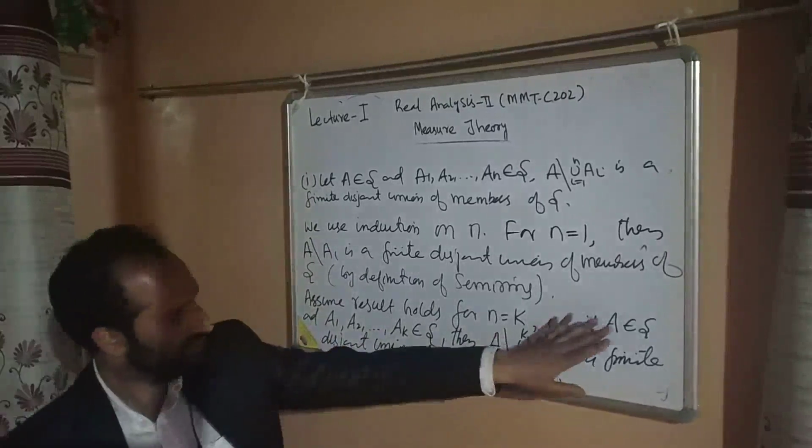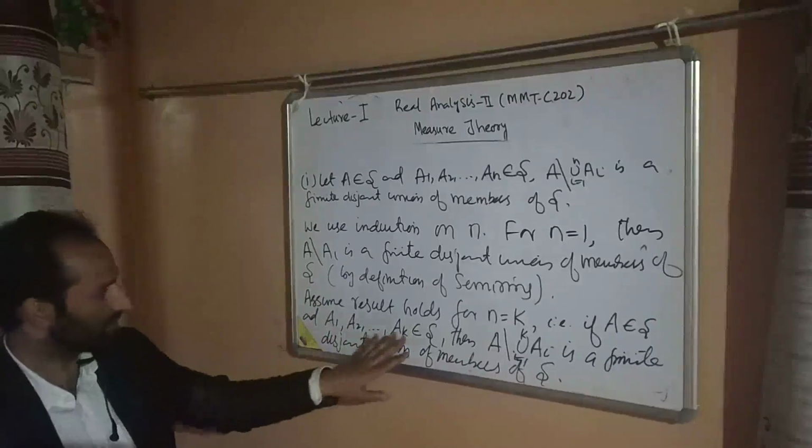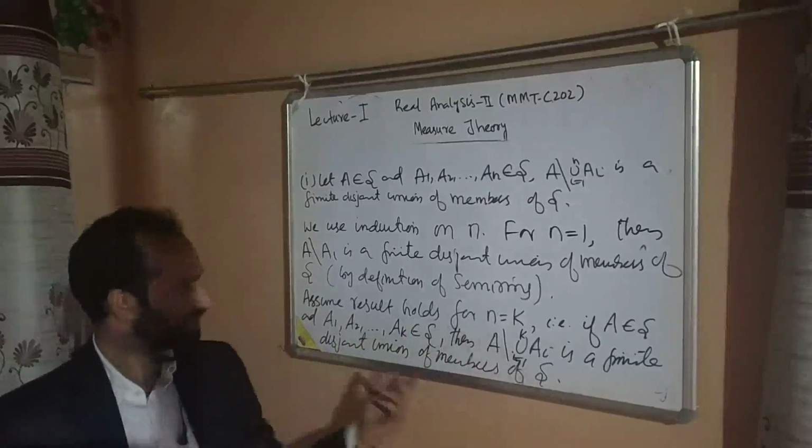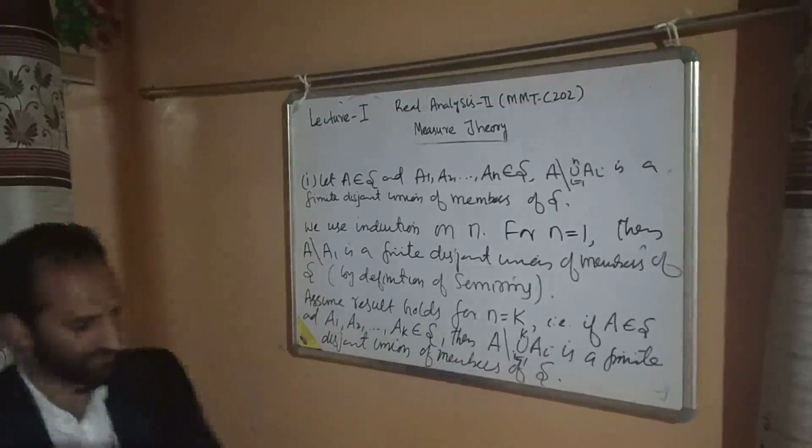That is, if A is a member of S and we have k members of S, then that set difference can be written as a finite disjoint union of members of S.